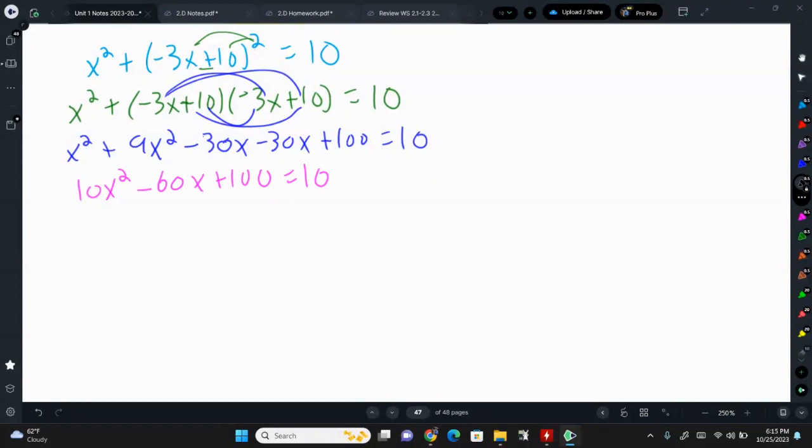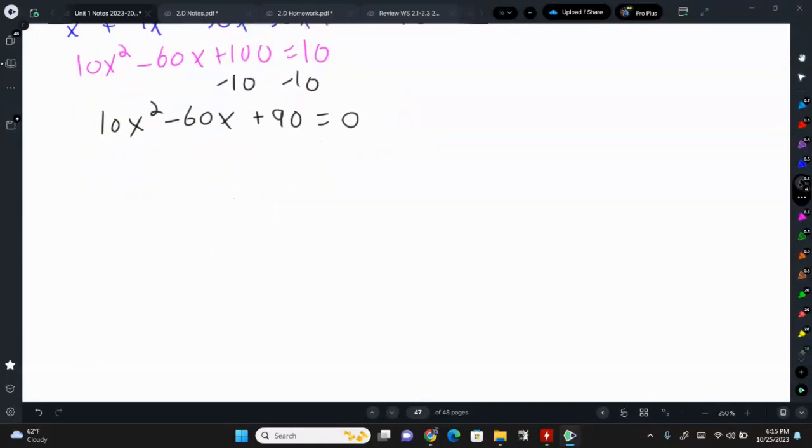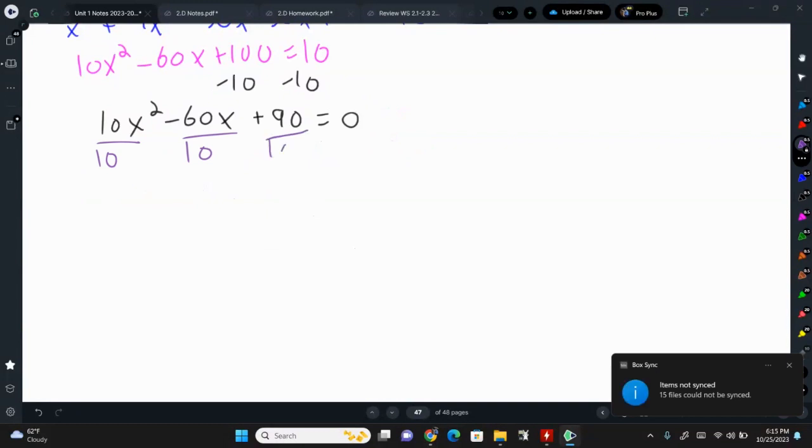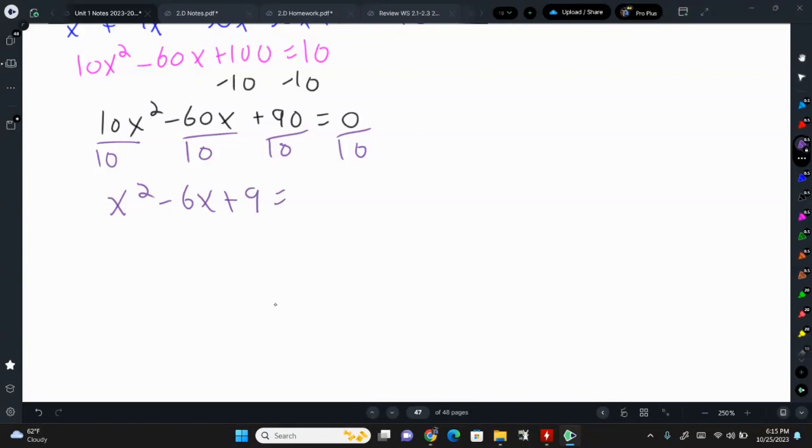When we subtract 10 from both sides, we get 10x squared minus 60x plus 90 equals 0. Now we can divide both sides by 10. So divide everything by 10. Which leaves us x squared minus 6x plus 9 equals 0.